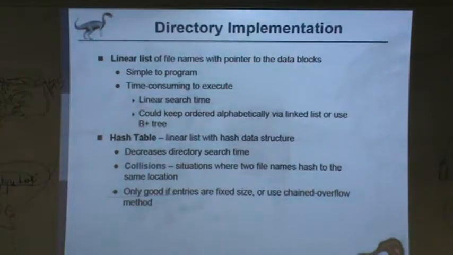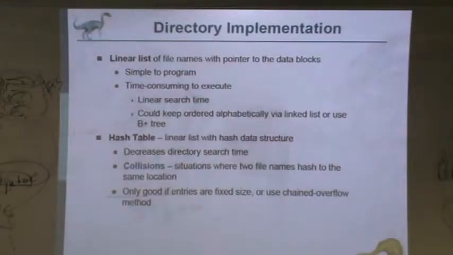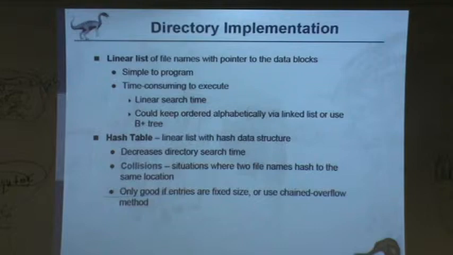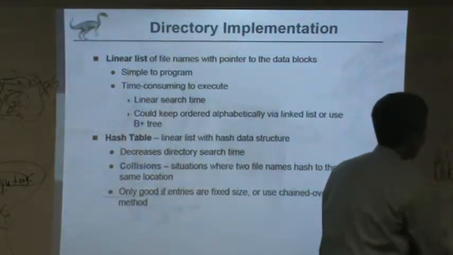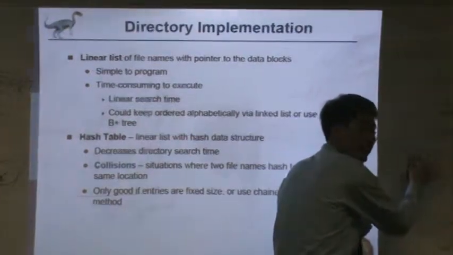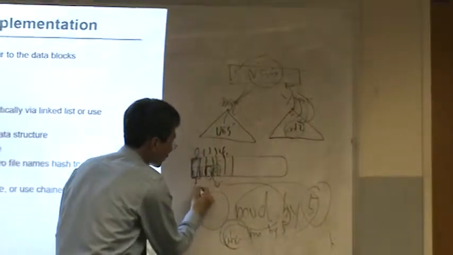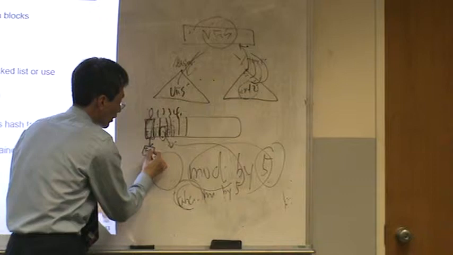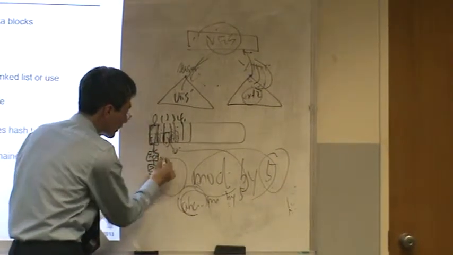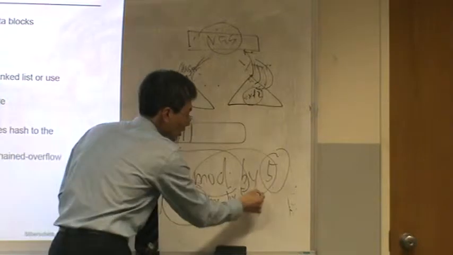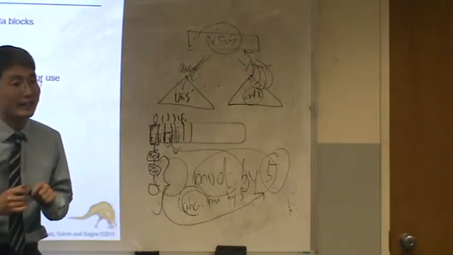My question was: if we have 5 hash keys, does each have 5 different FCBs or only one? This is a kind of big bucket. This hash bucket has the FCBs for one file, another file, and all of them have the same hash value, hash key.